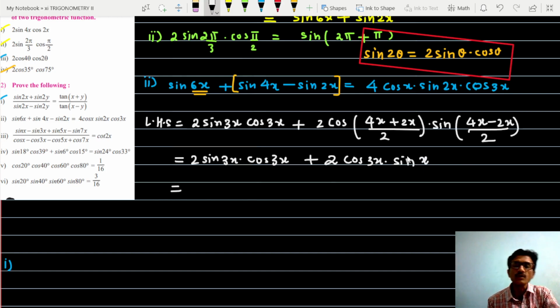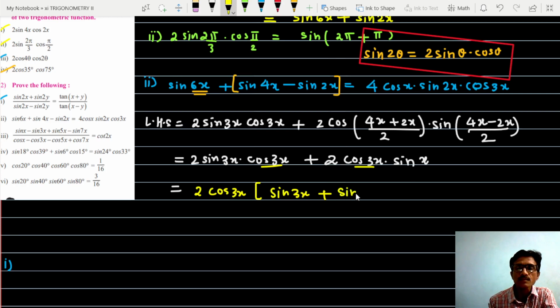So from these two terms 2 cos 3x we can take common. What is left then? Sin 3x is left, here plus sin x is left.